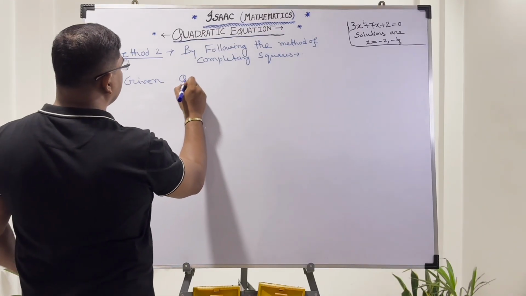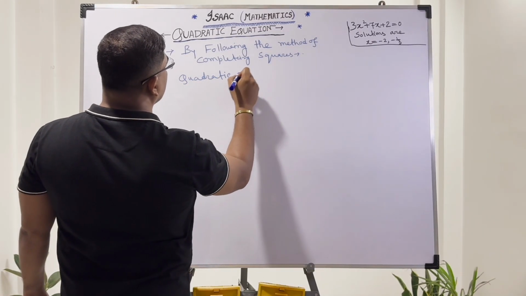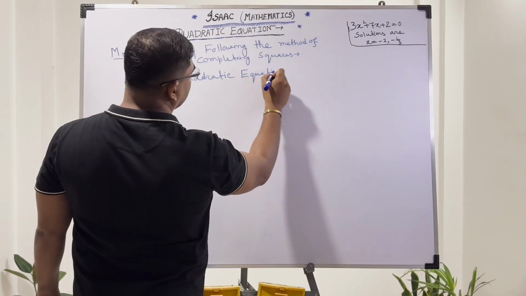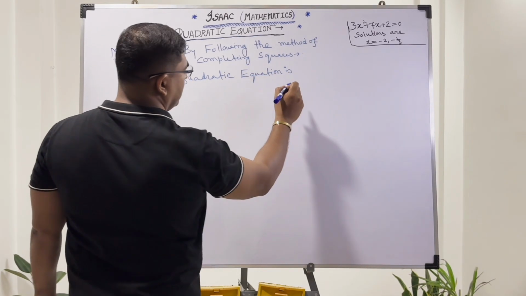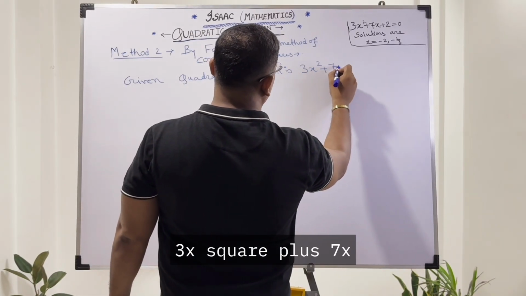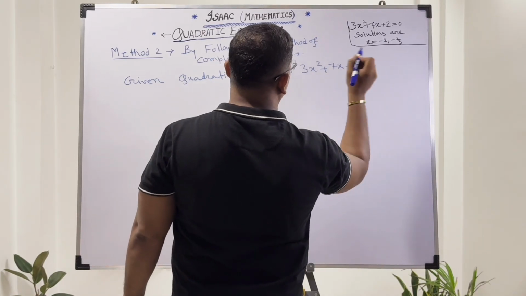Given quadratic equation is 3x square plus 7x plus 2 equals to 0.